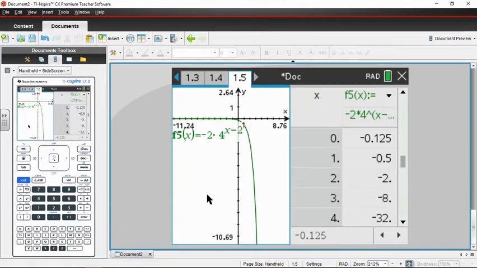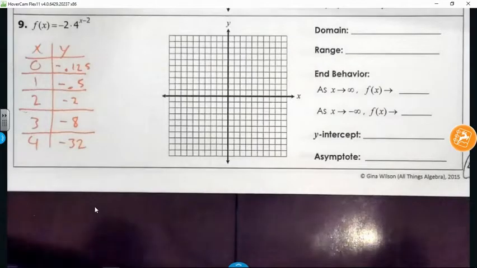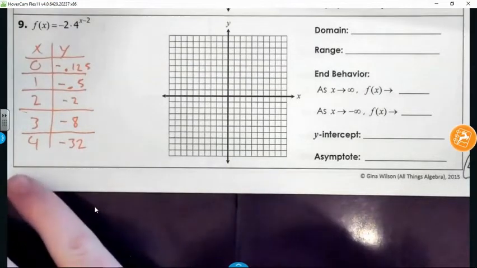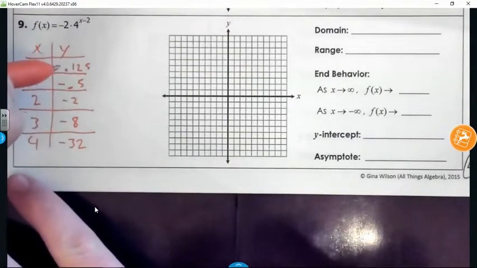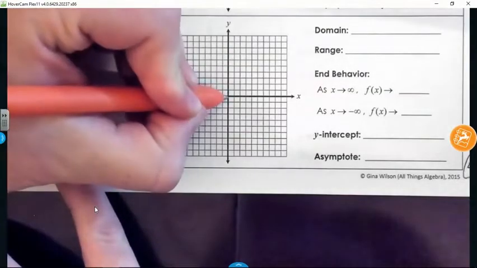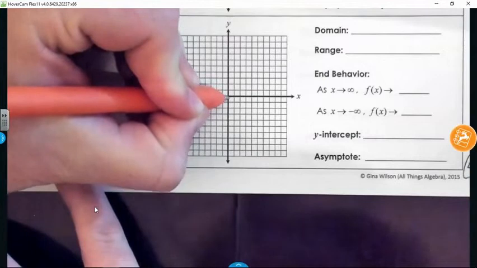So I'm going to make sure that when I graph it, I don't actually pass over that number by mistake. So I come back here, graph it to the best of our abilities, 0, negative 0.125. So really close to there.